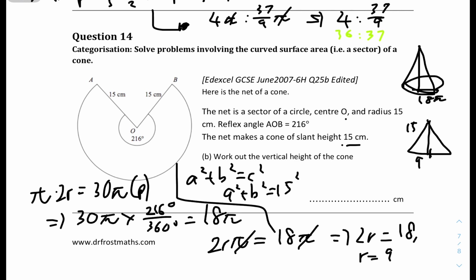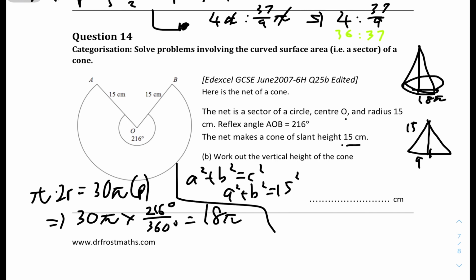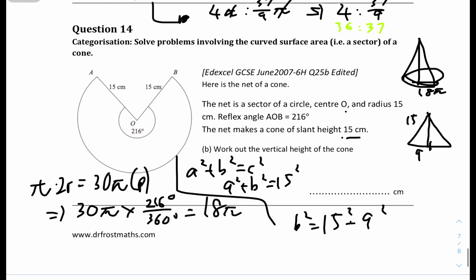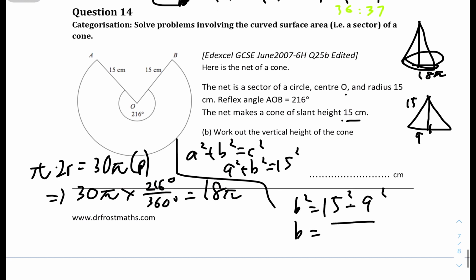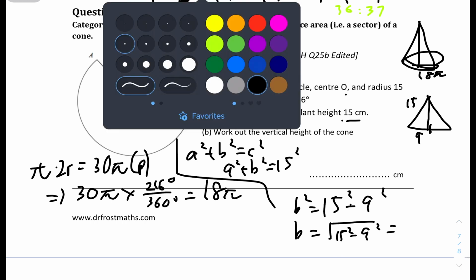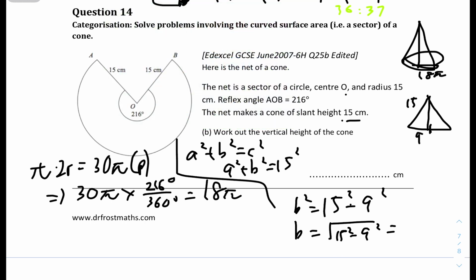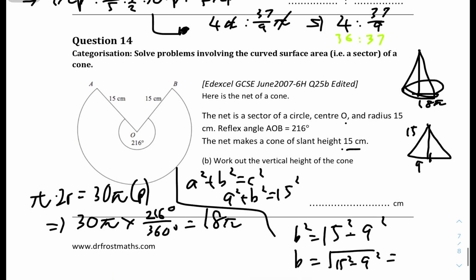If you rearrange the equation, you get b squared equals 15 squared minus 9 squared, and therefore b equals root of 15 squared minus 9 squared. If you put root 15 squared minus 9 squared into a calculator, you get an answer of 12. And that's the final answer, 12 cm.